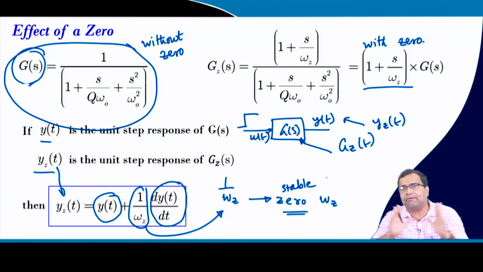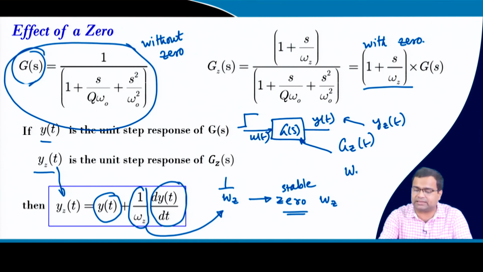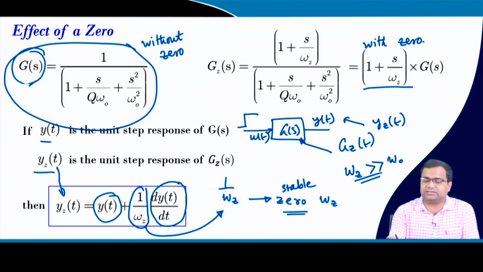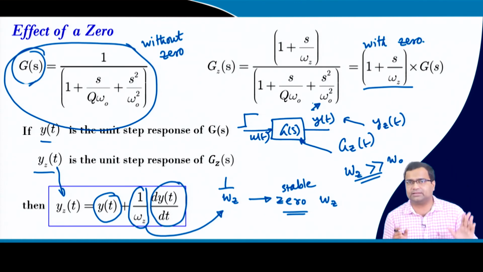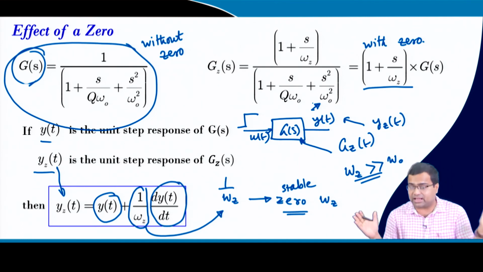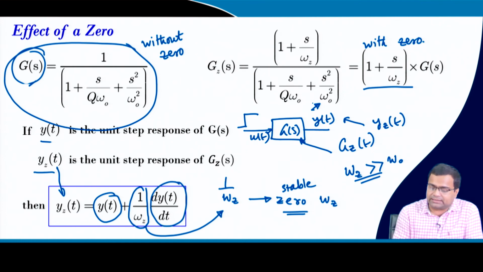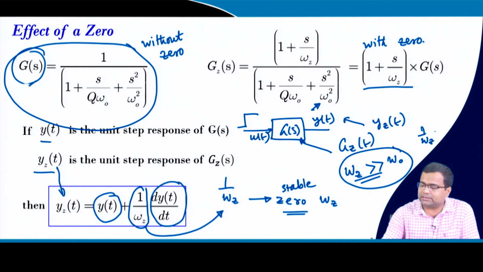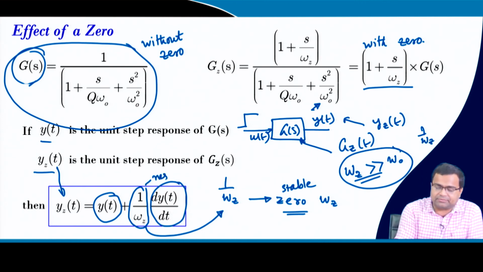If the 0 is very far away in the left half plane, that means omega z is much greater than omega 0, where omega 0 is the frequency of the complex conjugate pole, and the 0 is a high frequency 0, then 1 by omega z becomes negligible.